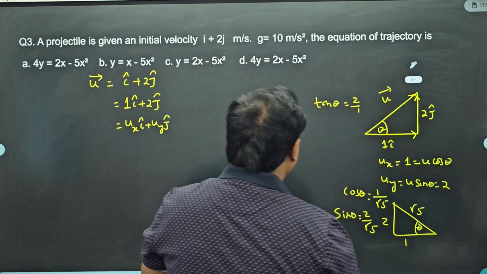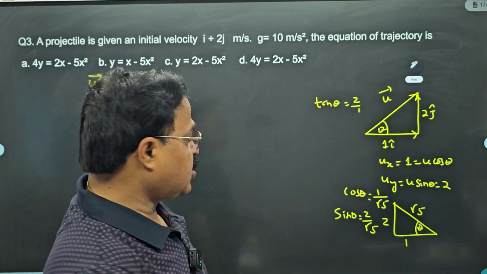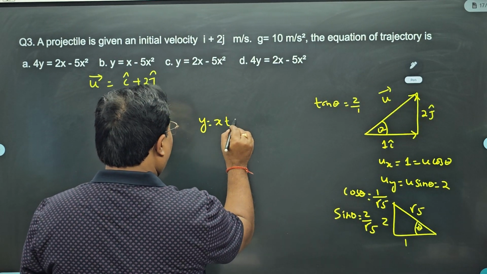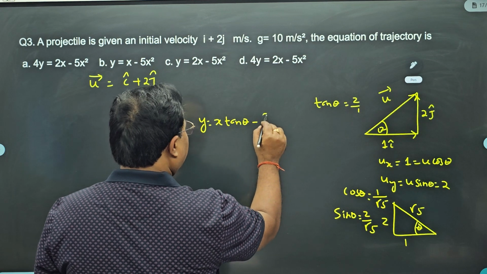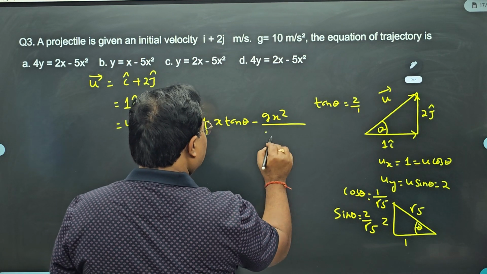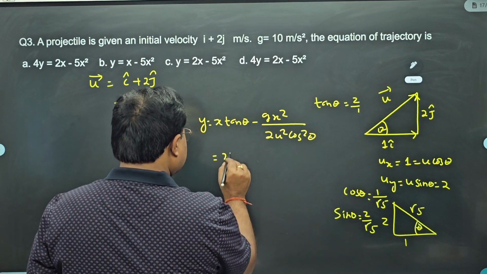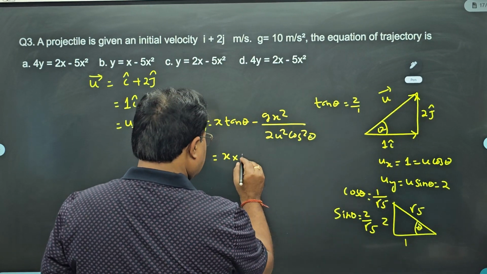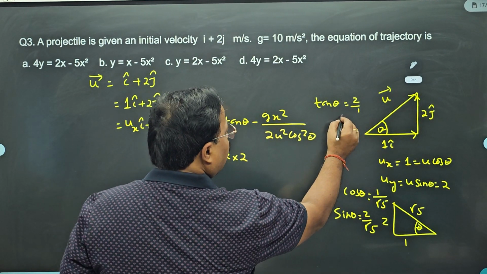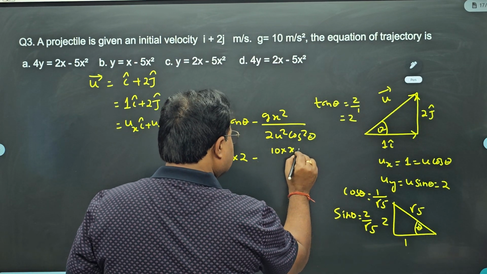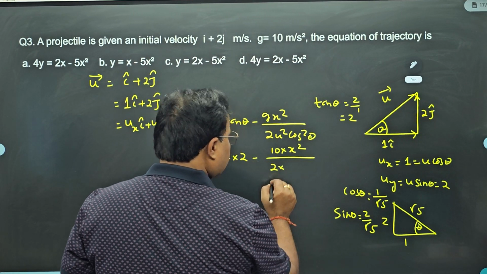But here we have to find the equation of projectile motion. What is the equation of projectile motion as you have derived? y is equal to x tan theta minus g x square by 2u square cos square theta. You see, what is tan theta, my dear students? Tan theta is equal to 2. Minus g is 10, x square by 2u square cos square theta.